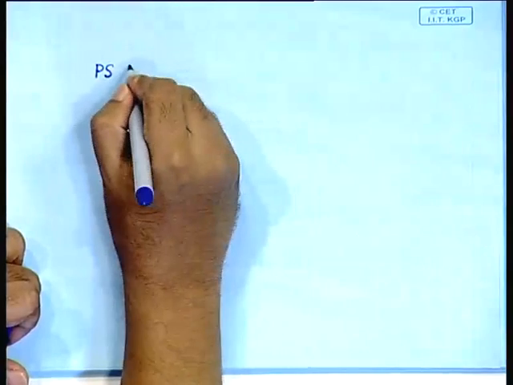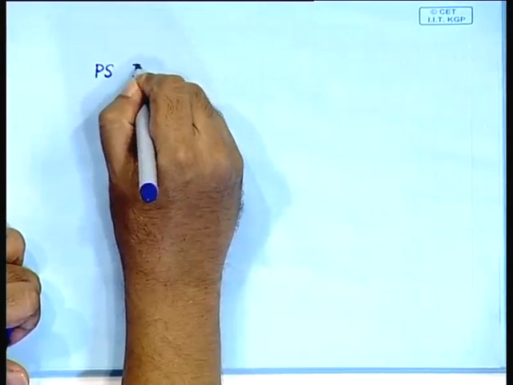So, what we do there is we treat the input variables as additional state variables. We treat the input variables like additional state variables, right. So, in a normal finite state machine, we have present state bits, we have input bits.